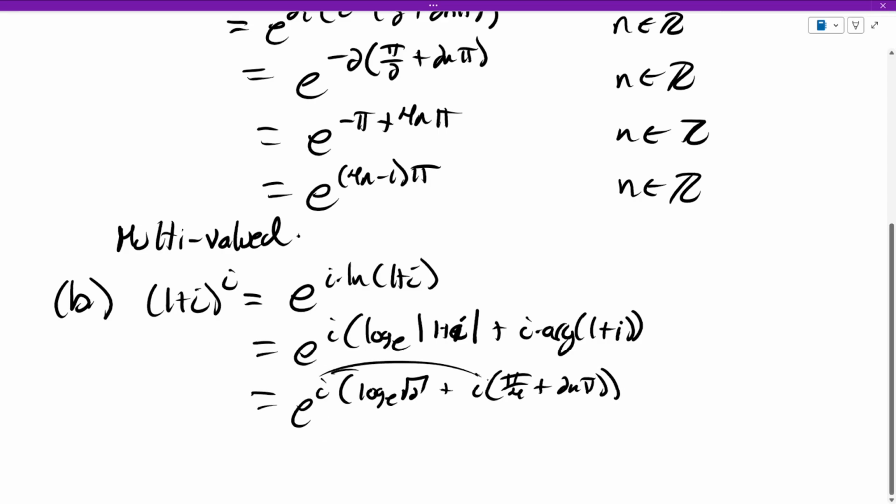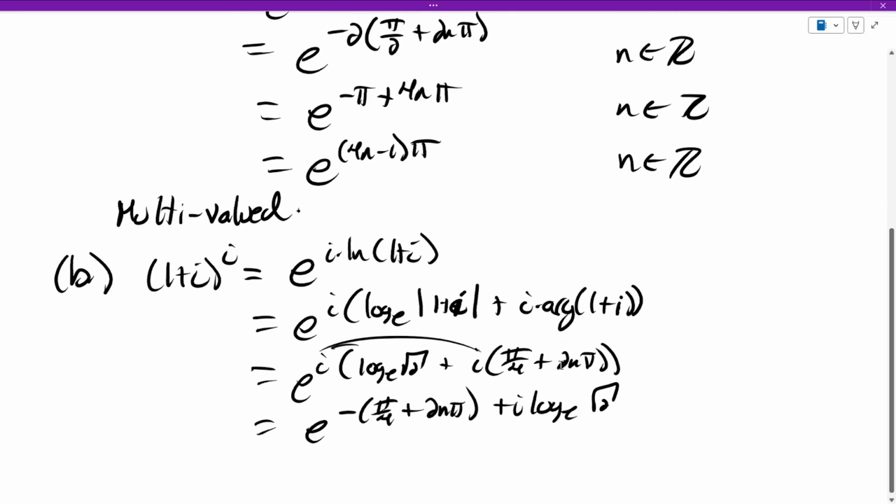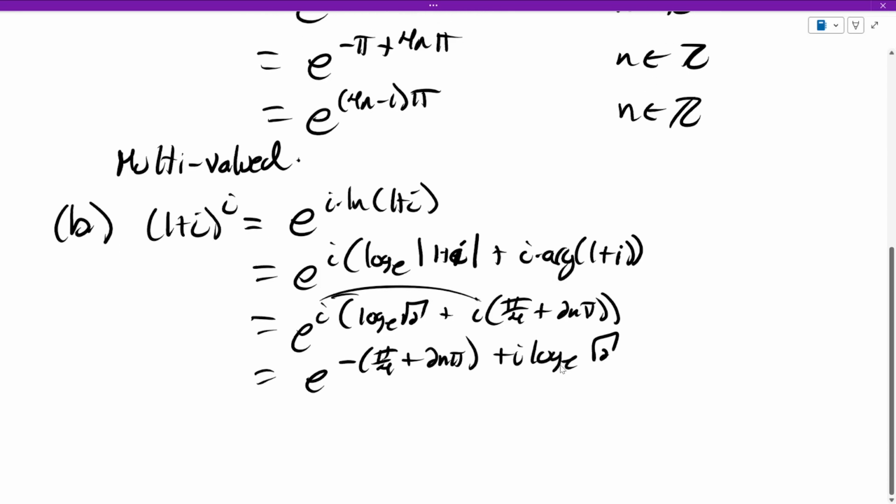And then we multiply our i in. When we multiply it on the imaginary part, we're just going to get a negative of that, pi fourths plus 2n pi, rather. And when we multiply it on the logarithm, it's just log base e root 2. All right, and this is as good as it gets. So again, this is for n in the integers. So again, this is multi-valued.